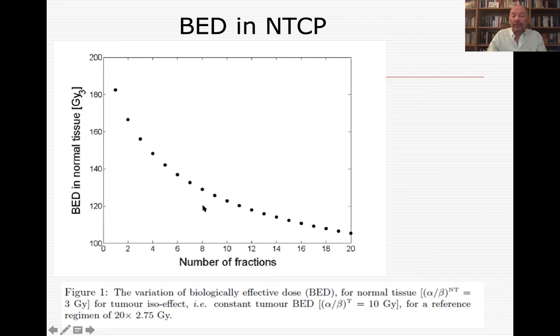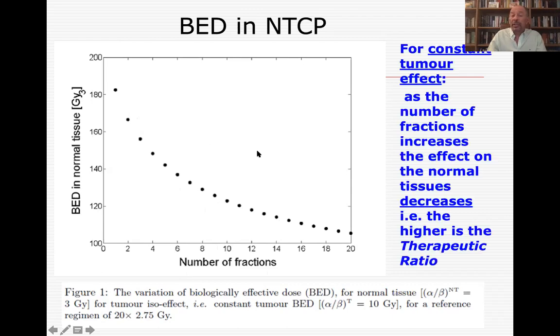So for the same TCP, reducing the number of fractions, you increase enormously this quantity. So eventually, you see, for constant tumor effect, as the number of fractions increases, the effect on the normal tissue decreases. So you increase the therapeutic ratio.